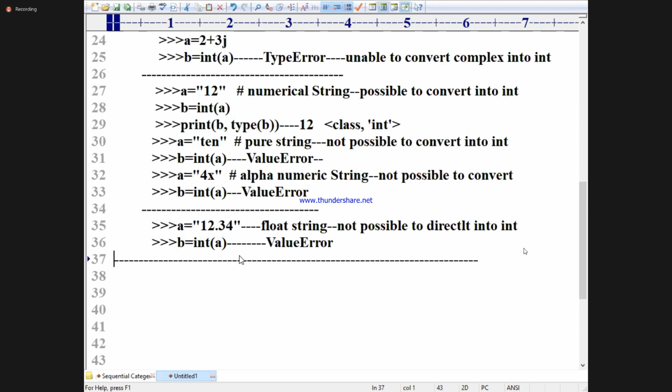What conversions are these? What did we learn today? Converting float into int, bool into int, complex cannot be converted into int, str into int. In str, special cases: integer string into int, done. Pure string into int, no. Alphanumeric string into int, no. Float string into int, not possible.